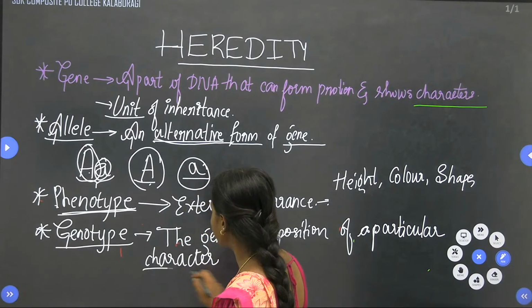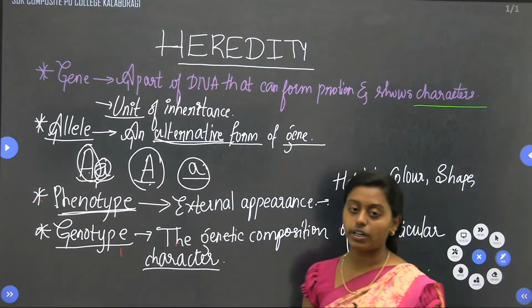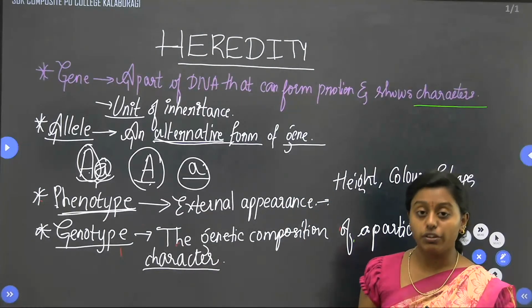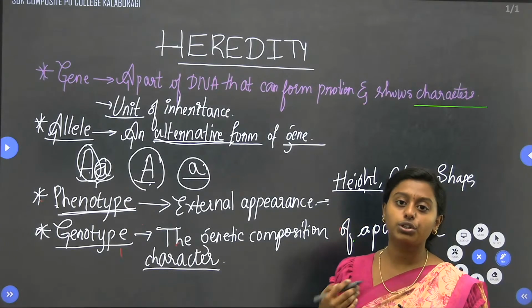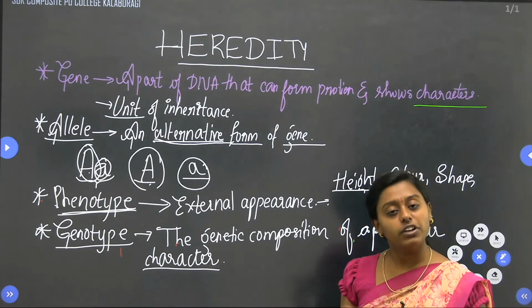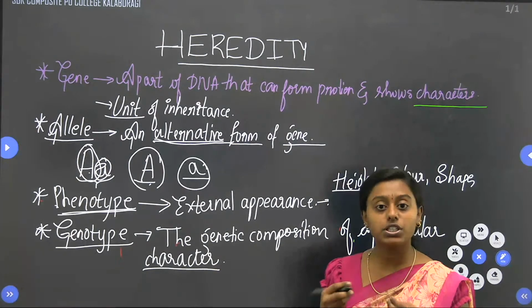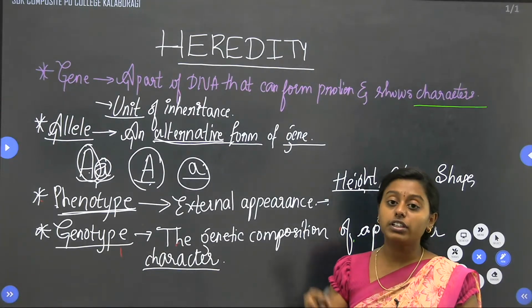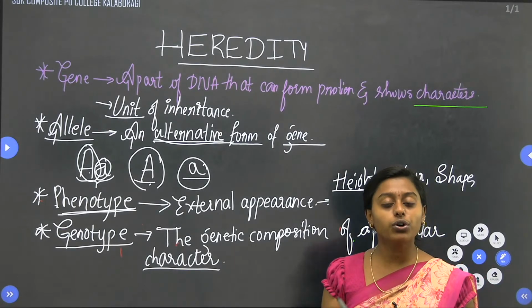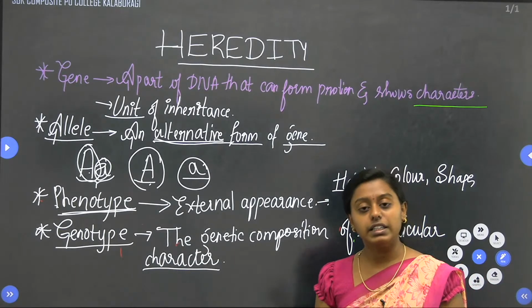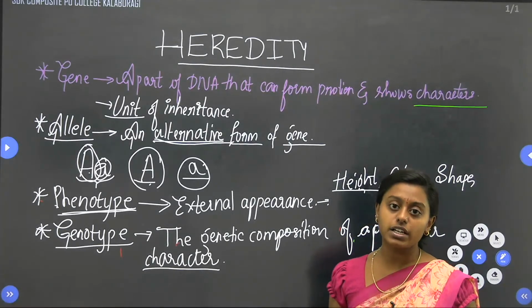Genetic composition of a particular character is called as genotype. If we say the height of a particular plant is tall, then we can write what the genes are involved within that plant to make it tall. If we write what gene is responsible, then we can say it as a genotype.